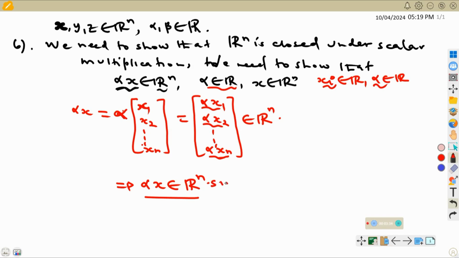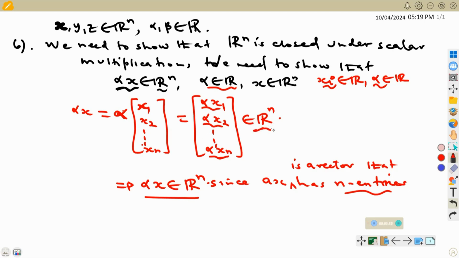Since ax has n entries, since ax is a vector that has n entries, then automatically it will be an element of R to power n.